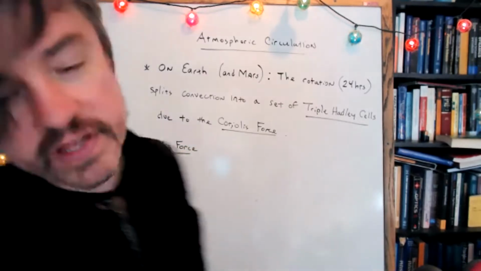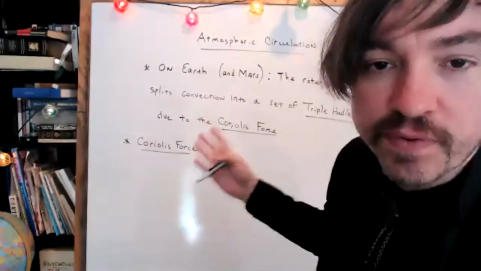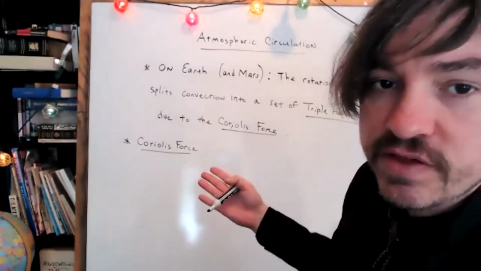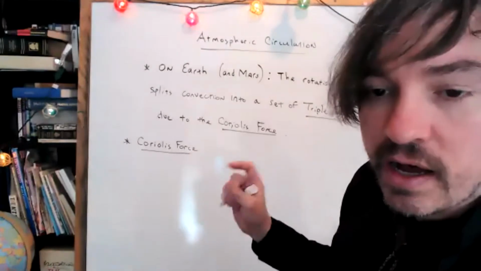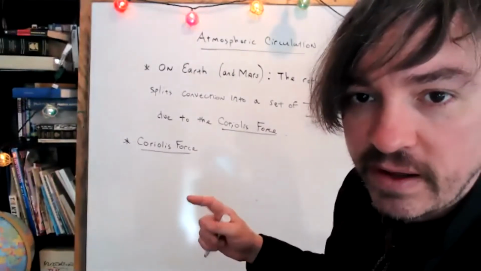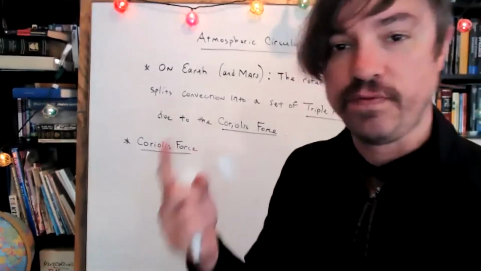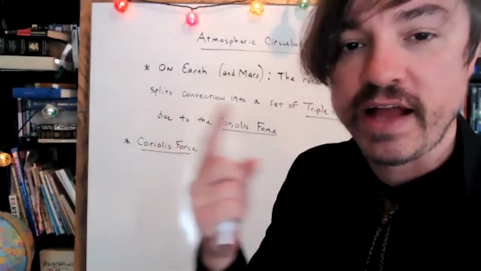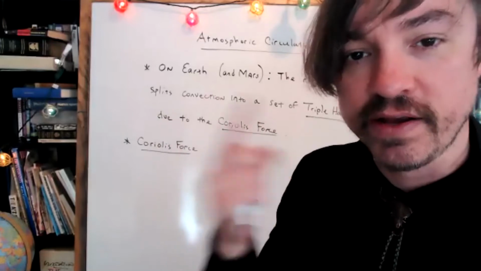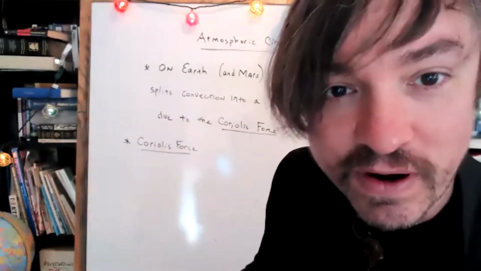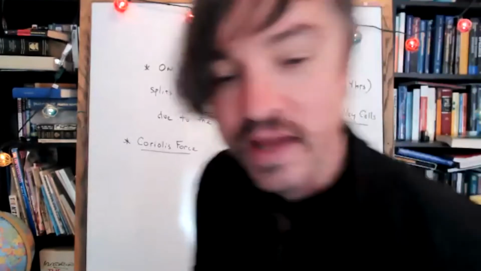Unless you've taken a physics course, you've probably never heard of the Coriolis force. However, it is related to another force that you might have heard about, the centrifugal force. The centrifugal force is the force that pins you to the edge of that giant amusement park ride, which spins around really fast and pins you to the wall, and sometimes they even drop the floor out from underneath you to really freak you out.